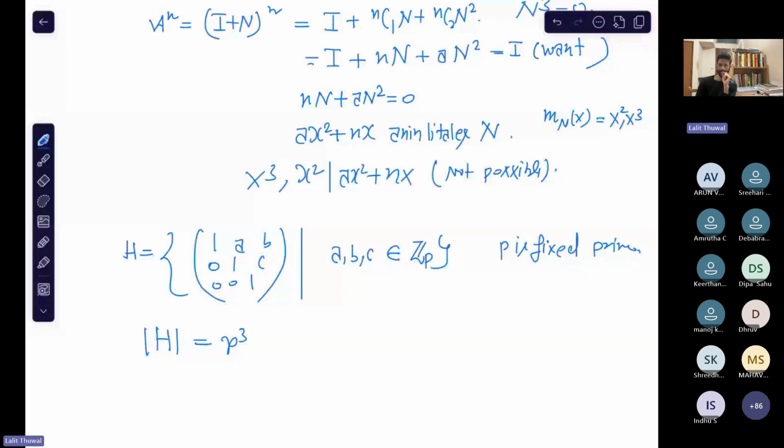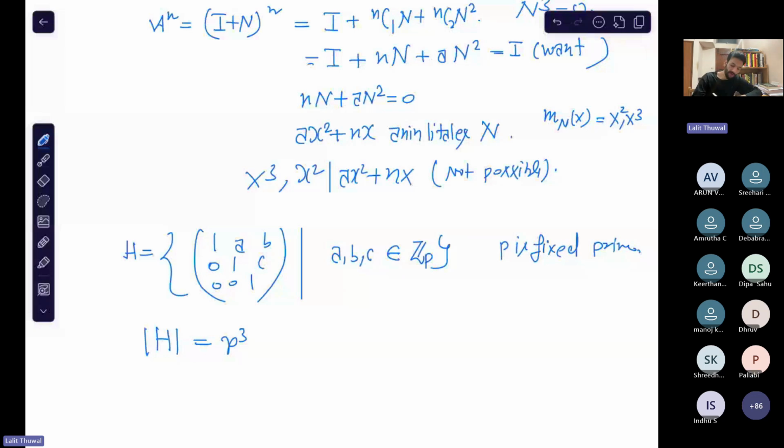Pallavi, what should be the answer? If P is greater than or equal to 3, then the order is P. Very good. What about P equal to 2? Then, sir, this group is isomorphic to D4. So the order will be accordingly. Very good.